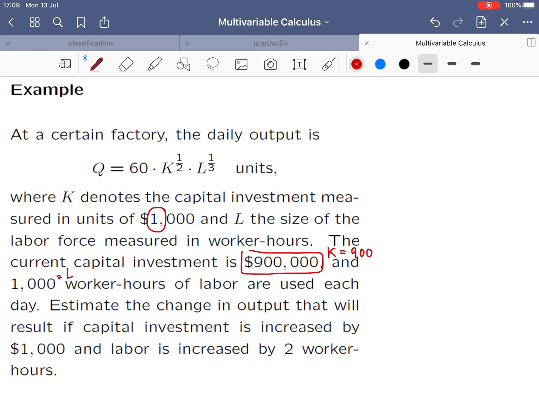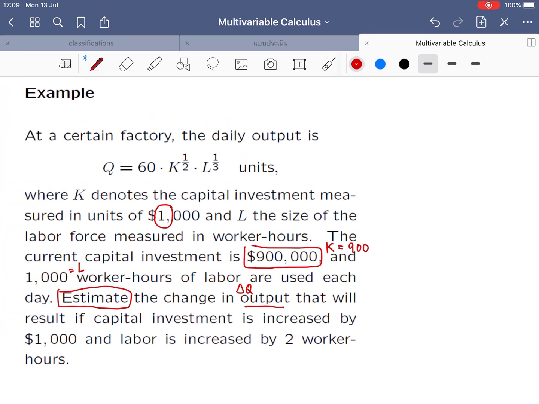So you are going to estimate the change in the output. Estimate the change in Q, which is ΔQ, that will result if the capital investment is increased by a small unit, which is 1,000.